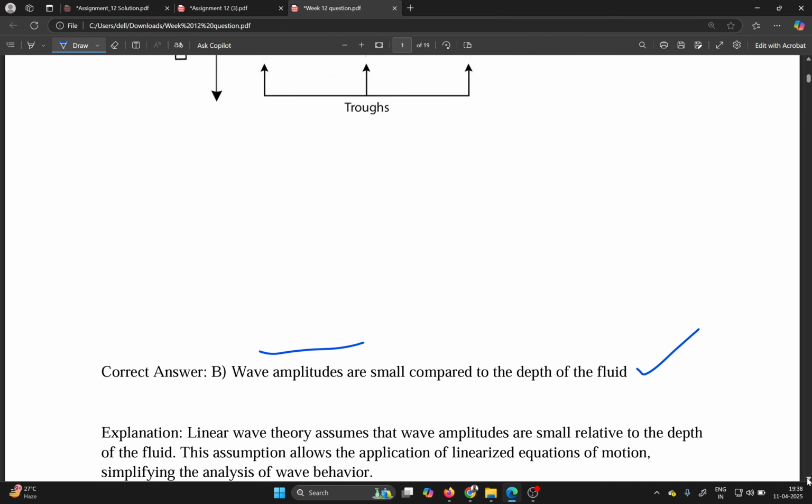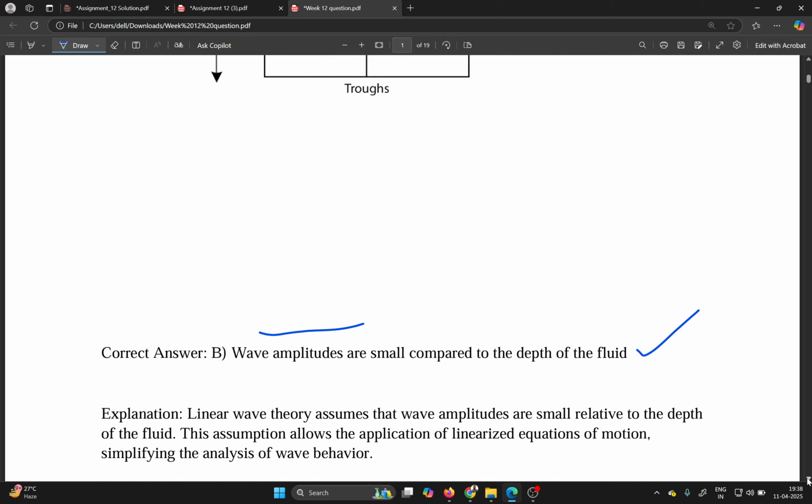Here the explanation is that linear wave theory assumes that the wave amplitude is small relative to the depth of fluid, and this assumption allows the application of linearized equations of motion and simplifies the analysis of wave behavior.